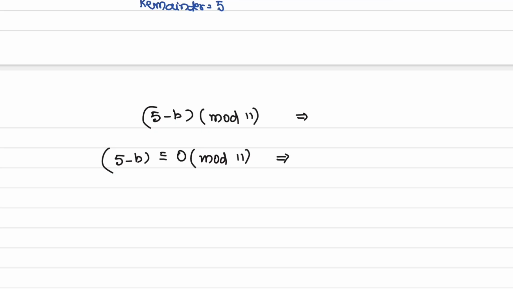That means b is equivalent to 5 mod 11. This is the solution for b.